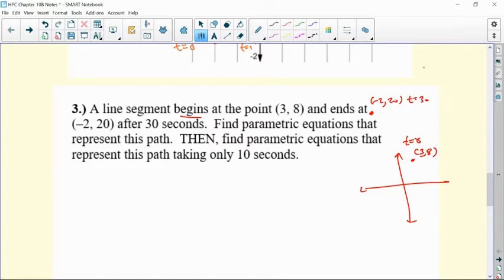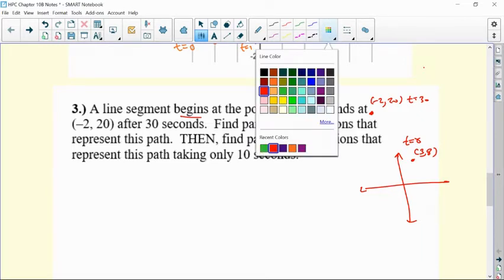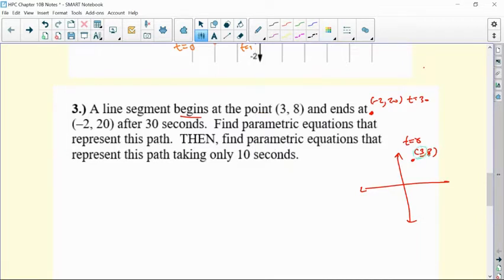Because it's linear, I know that the x position and the y position must change in a linear relationship over time. So over 30 seconds, let's do the x one first. Thirty seconds have to elapse, and the x has to go from 3 to -2.